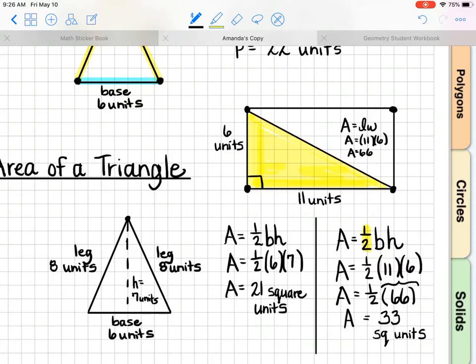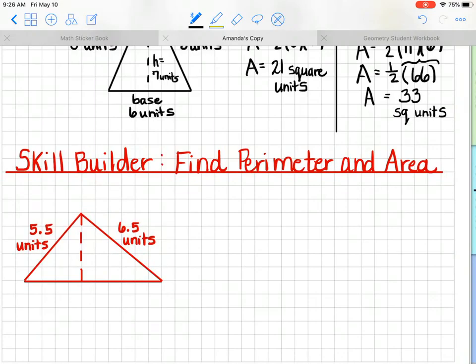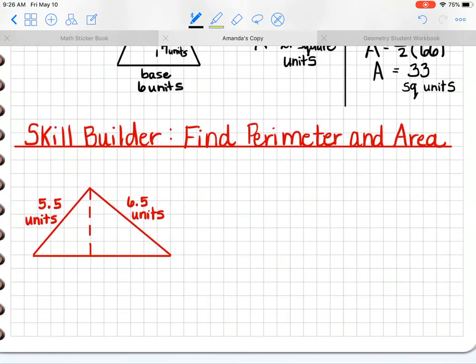So you now know how to do perimeter and area of a triangle, and we are up to a skill builder. And that's exactly what we need to do on this one, is to find the perimeter and the area of the triangle. And I recommend that you stop the video and go ahead and try this on your own.